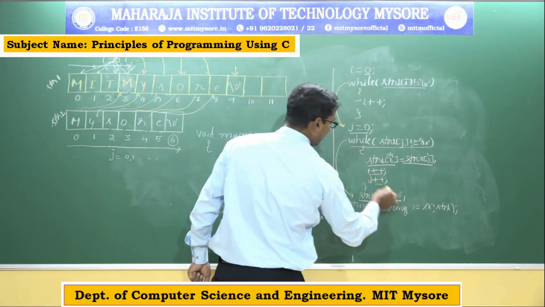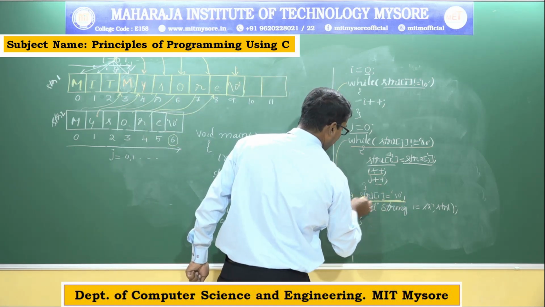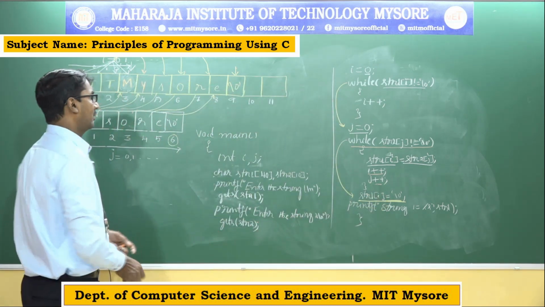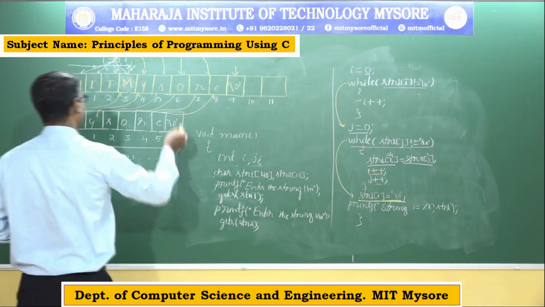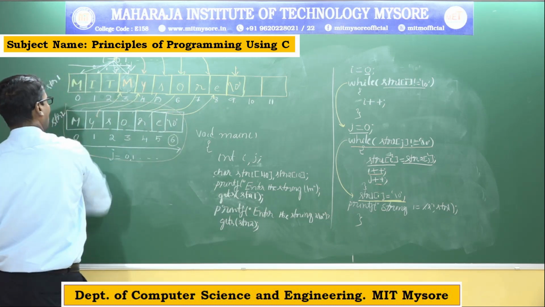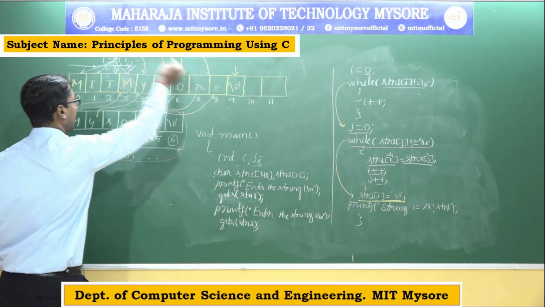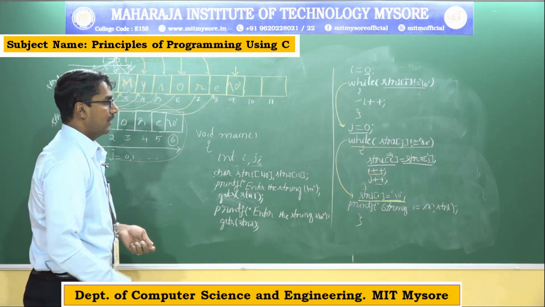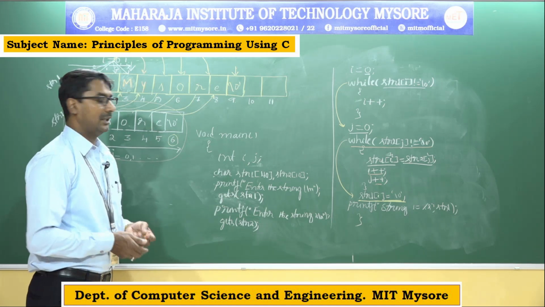After terminating from the while loop, we assign the null character to str1 of I. Now you see here the value of str2 is not changed, but only str1 is appended with the content of str2. Okay, this is the code for performing string concatenation without using the built-in function.